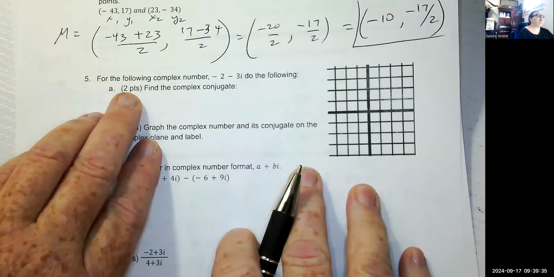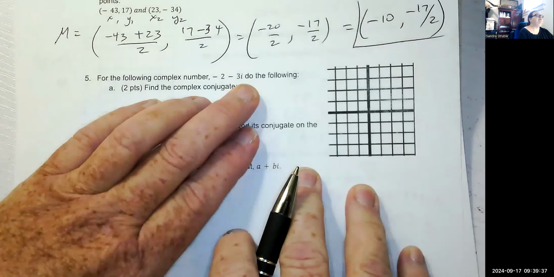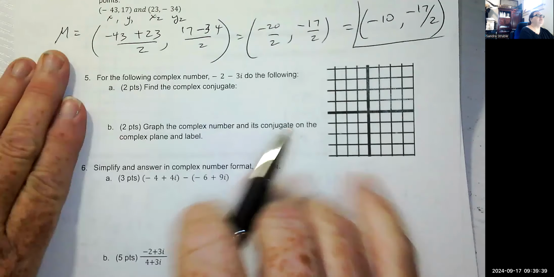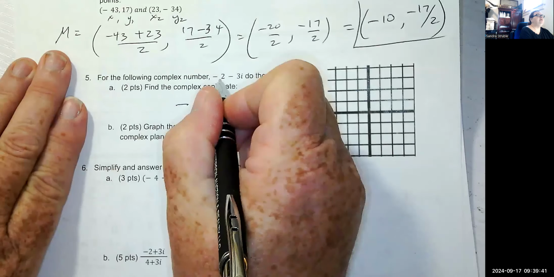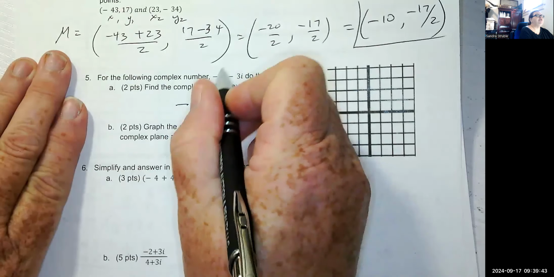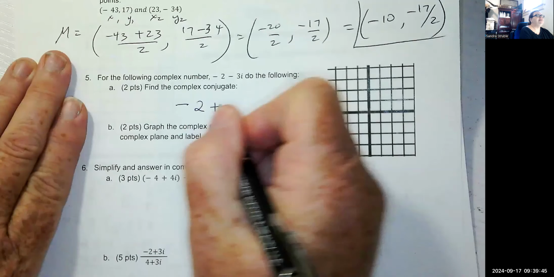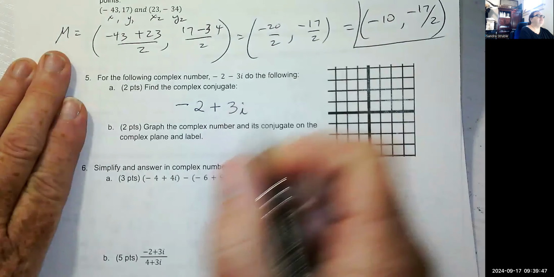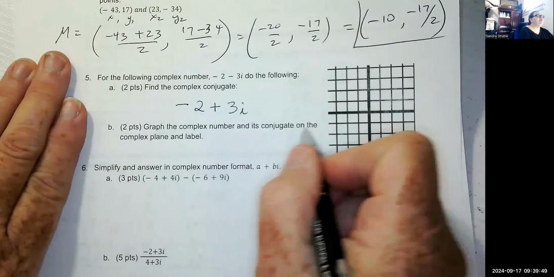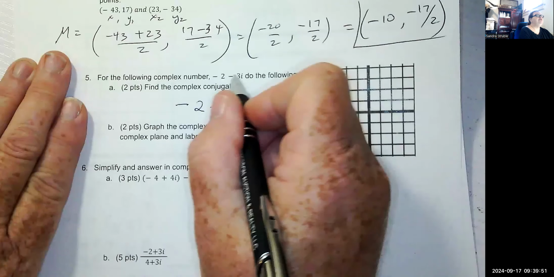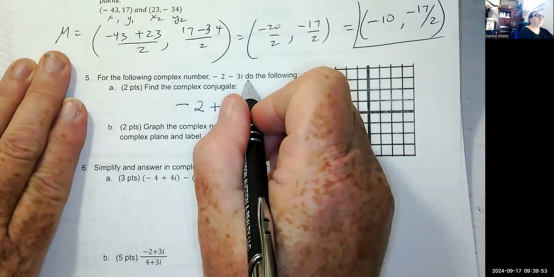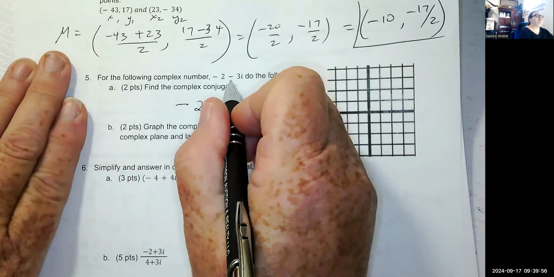For the following complex number, -2 minus 3i, do the following. Find the complex conjugate. Remember, in the complex conjugate, the real number stays the same. The imaginary number is the only one that changes signs. Graph the complex number and its conjugate on the complex plane. So to graph these, the original complex number is -2, -3i.